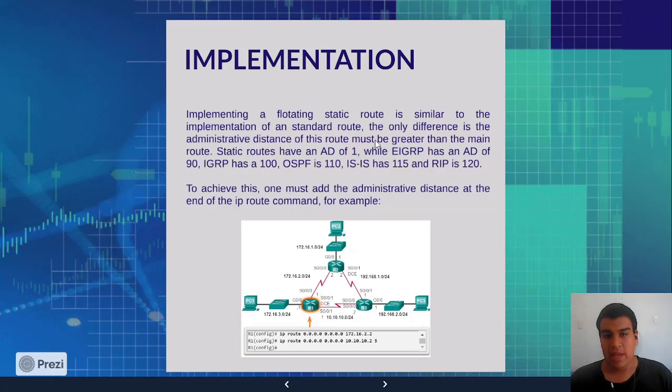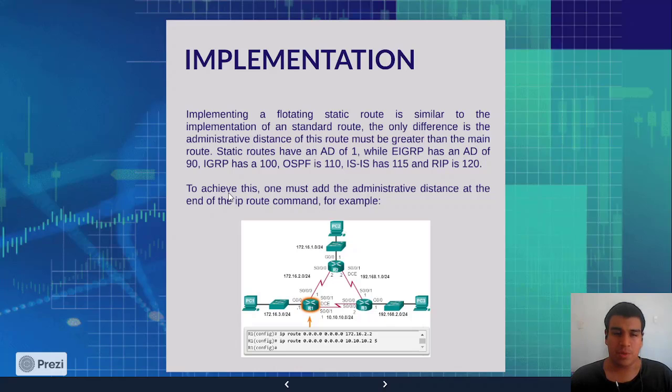For example, a normal static route will have an administrative distance of 1, and like we just said before, one discovered through EIGRP will have an AD of 90, taking into account that IGRP will have an AD of 100, OSPF is 110, IS-IS 115, and RIP is 120. So always take into account, if your main route is discovered through RIP, the administrative distance must be greater than 120.